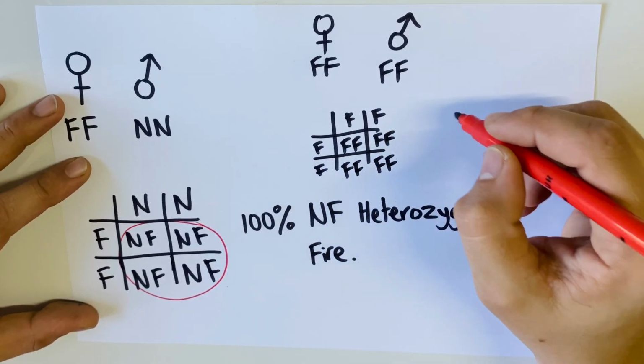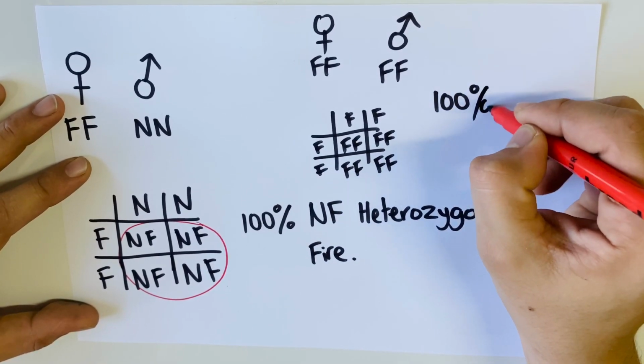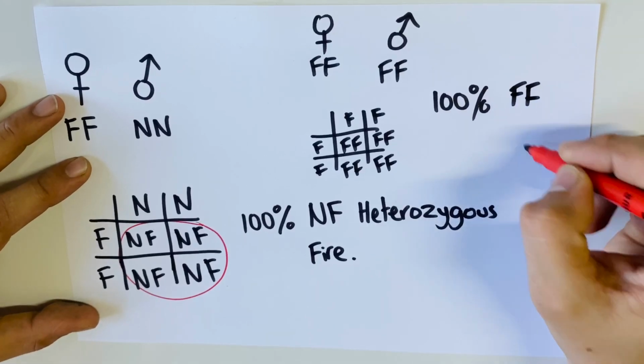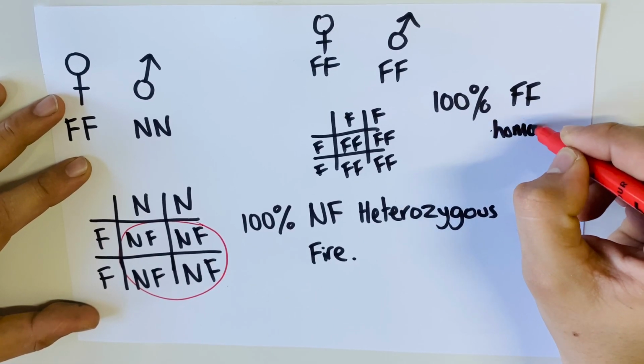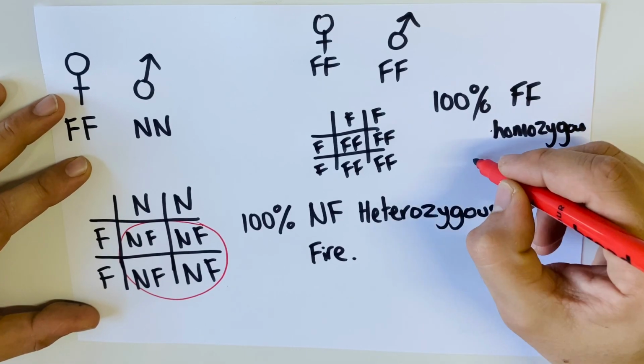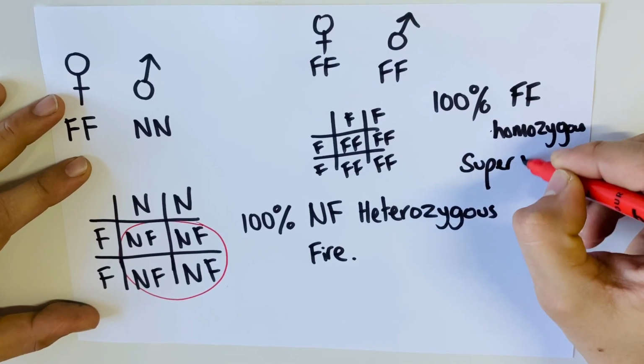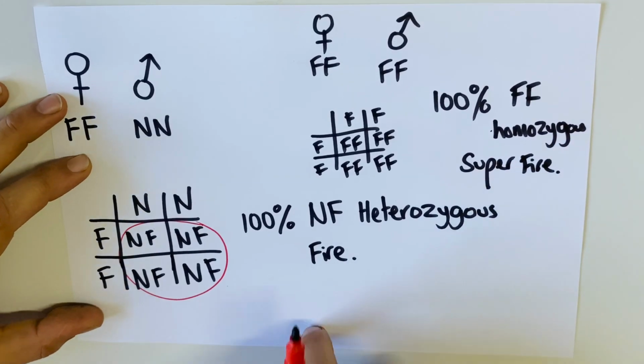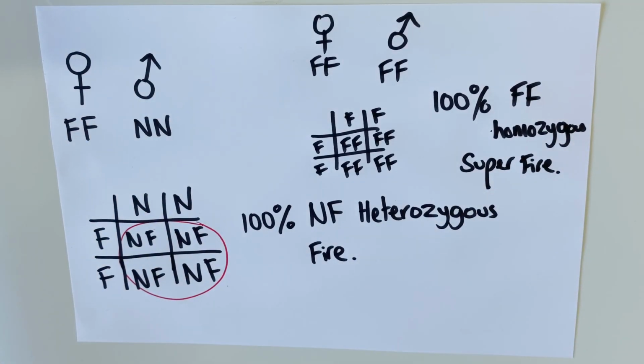And we're using fire here, so you get 100% FF homozygous superfire.